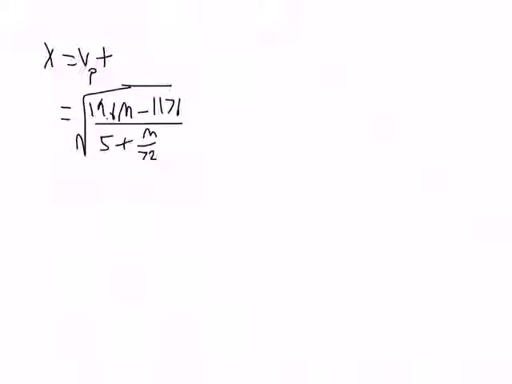We calculated v projectile, square root of 19.6 m minus 1176 all over 5 plus m over 72, and then t, which we calculated earlier as 1.75 seconds.